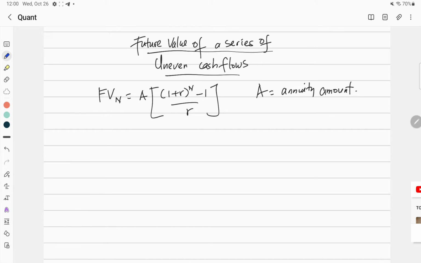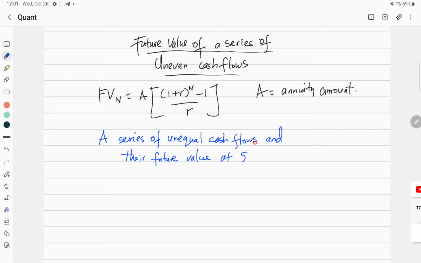So let's just title this a series of unequal cash flows and their future value at 5% interest rate.